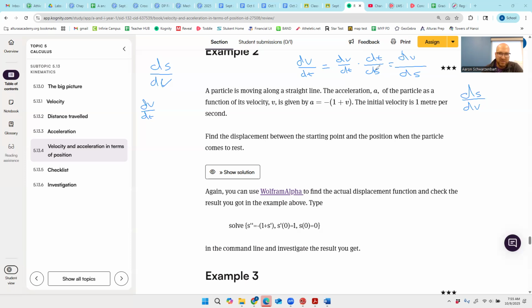I'm trying to justify how they got this there. dv/dt is a.